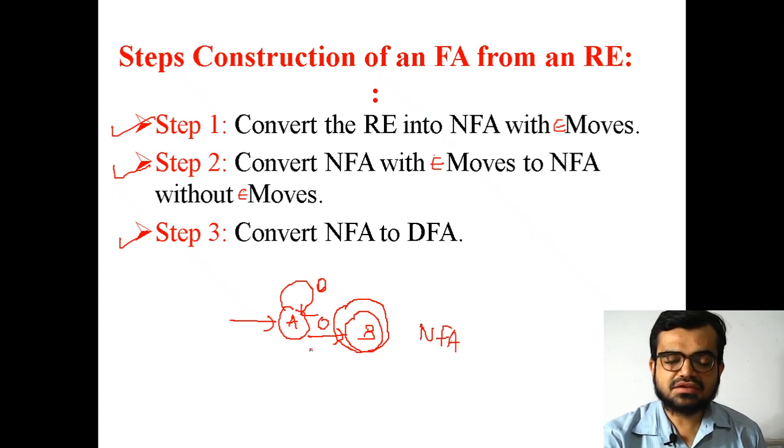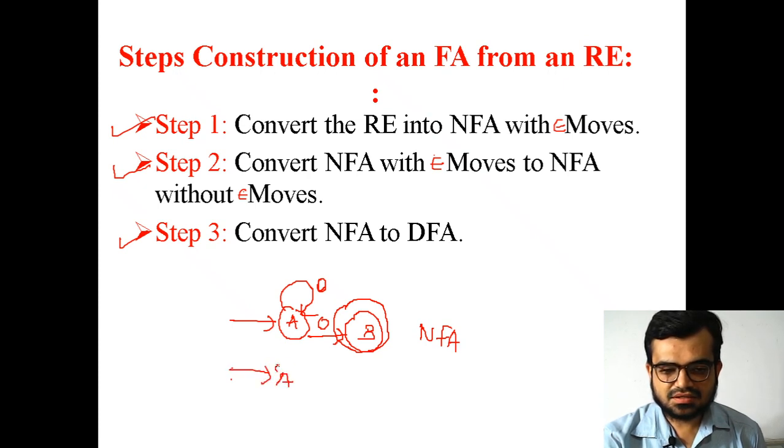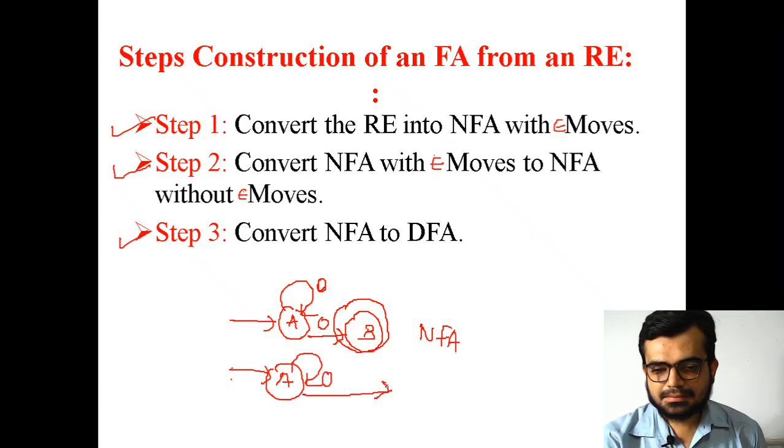But if I perform the same thing using DFA, it will not behave in this way. Or else, if I want to make a DFA example, like this is one input 0 and this is another input.